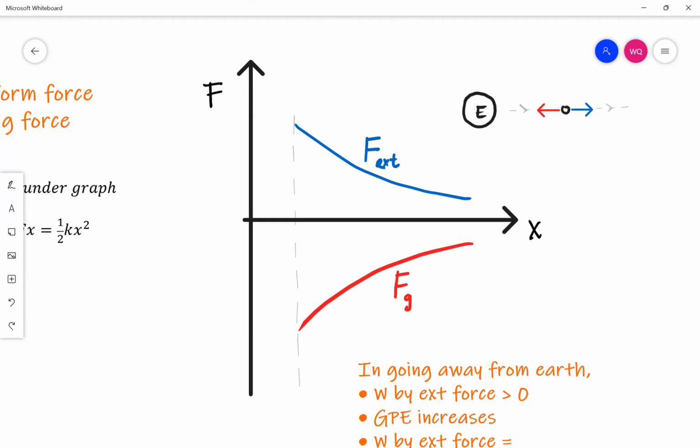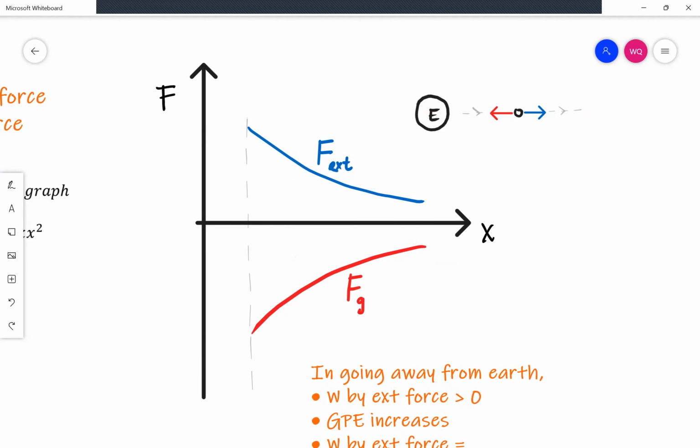I could have used other things, but unfortunately, this is in the syllabus, so I'm just covering it to be complete. Suppose we have an object, so you follow my mouse cursor. It's being moved away from Earth.